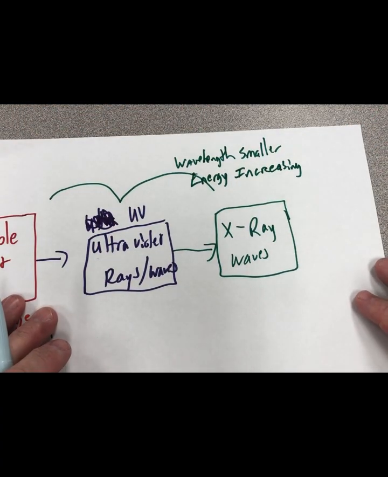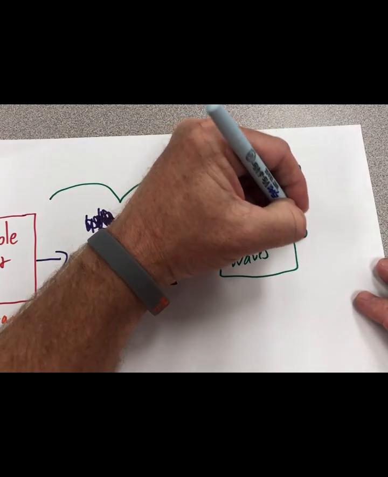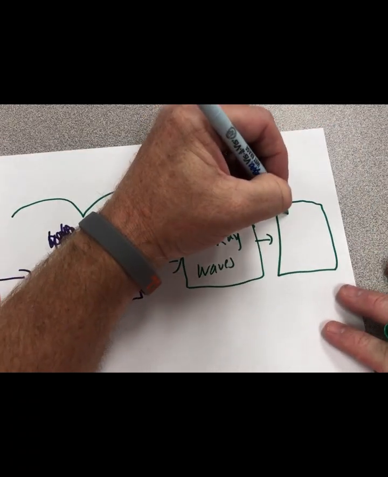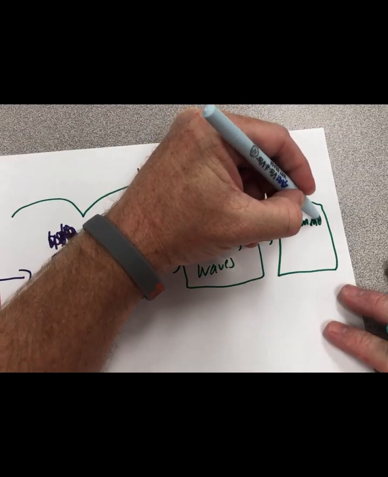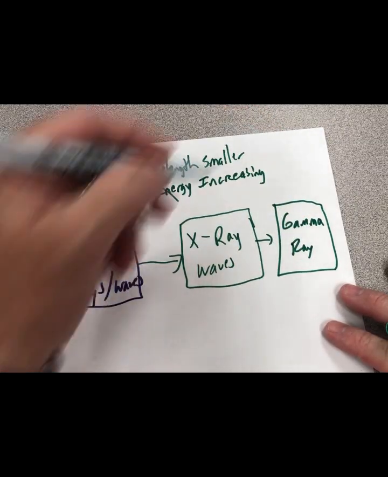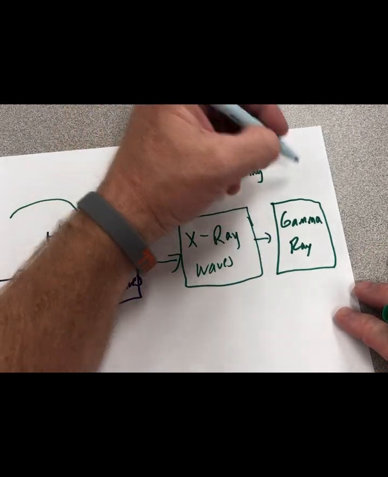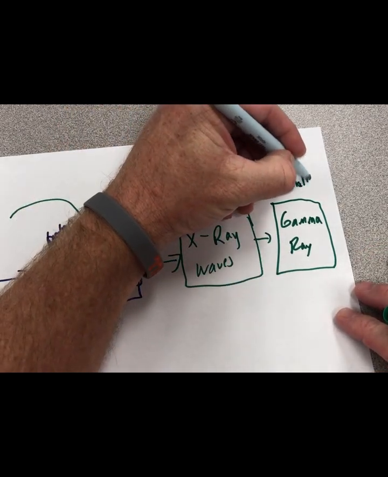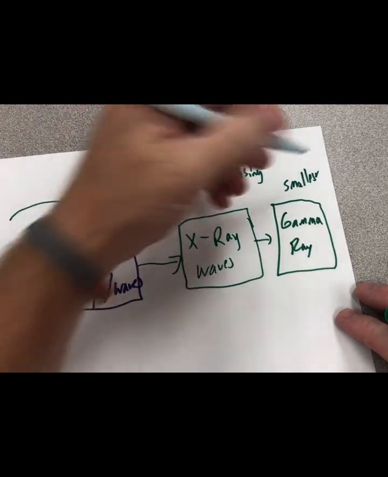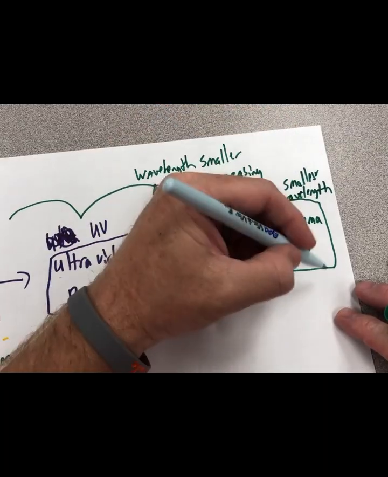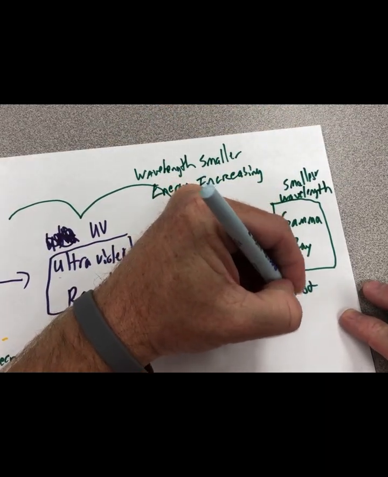Our next one and last one is gamma rays. These have the smallest wavelength, most energy.